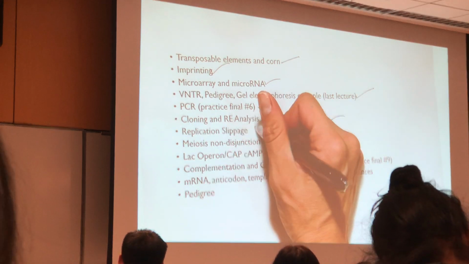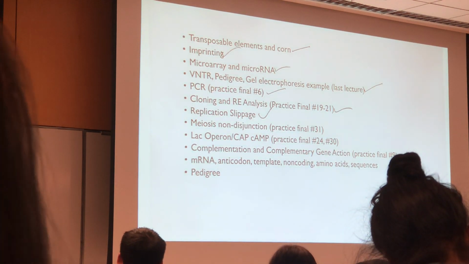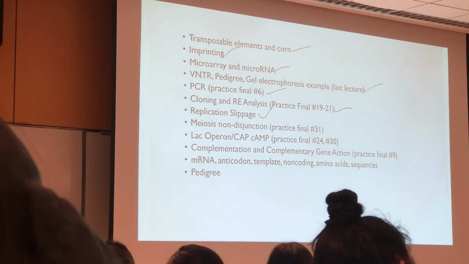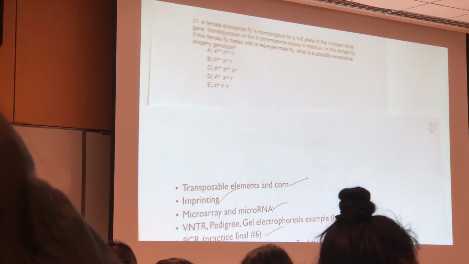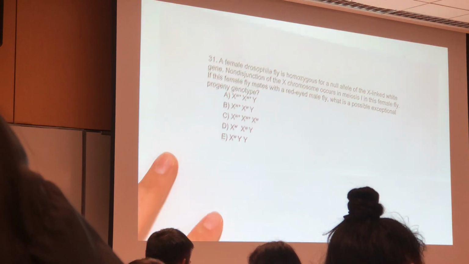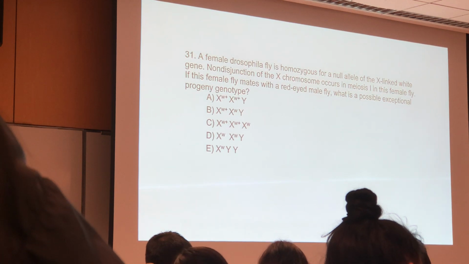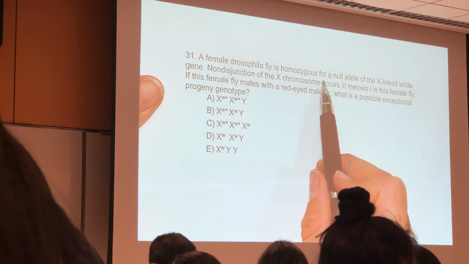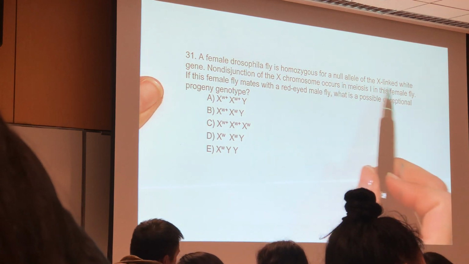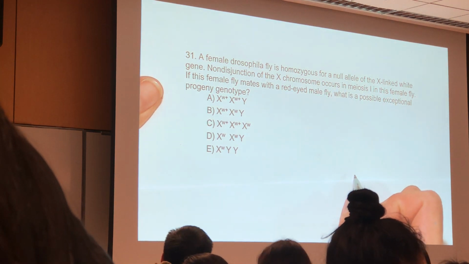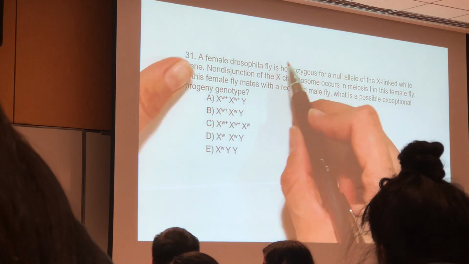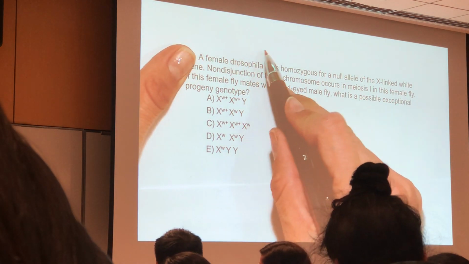Okay. Meiosis non-disjunction practice final. All right. Number 31. A female Drosophila fly is homozygous for a null allele of the X-linked white gene. So what kind of sex chromosome genotype does she have?